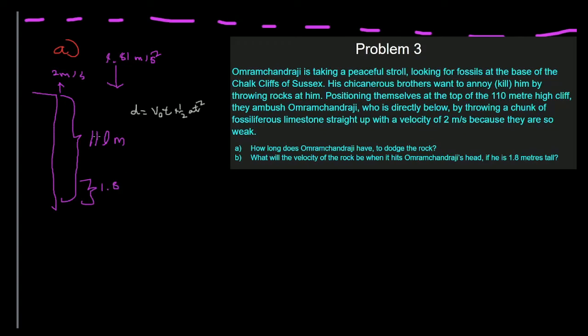This means the actual distance that the rock travels is 110 minus 1.8, that is 108.4 meters. Hence we have negative 108.4 equals 2t minus 4.905 t squared. Now we essentially just have a quadratic equation we could solve.